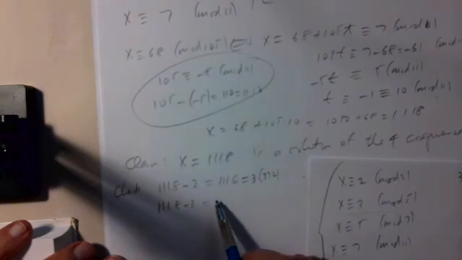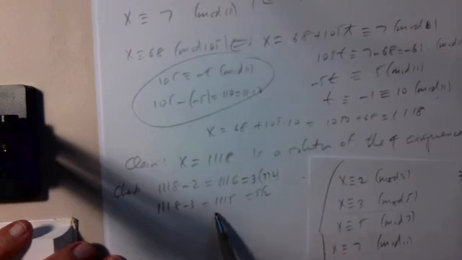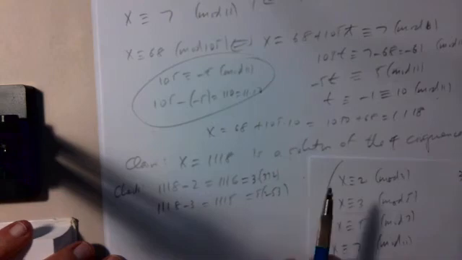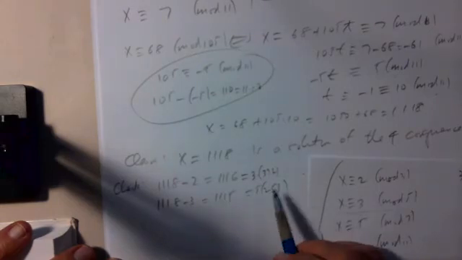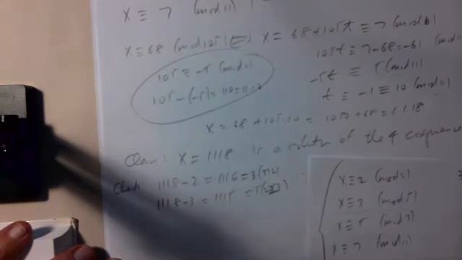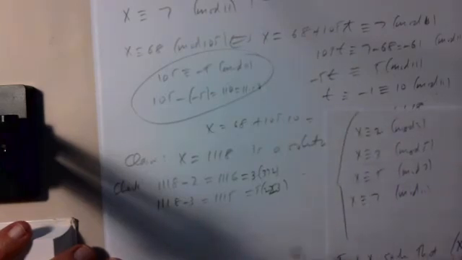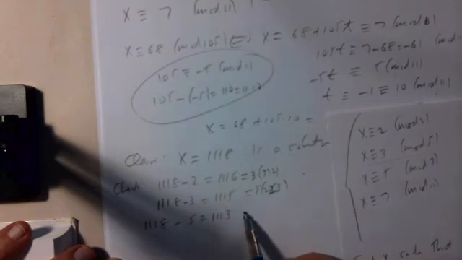1,118 minus 3 is 1,115, which is certainly divisible by 5. It's 5 times 223. Is this number congruent to 5 mod 7? 1,118 minus 5 is 1,113.